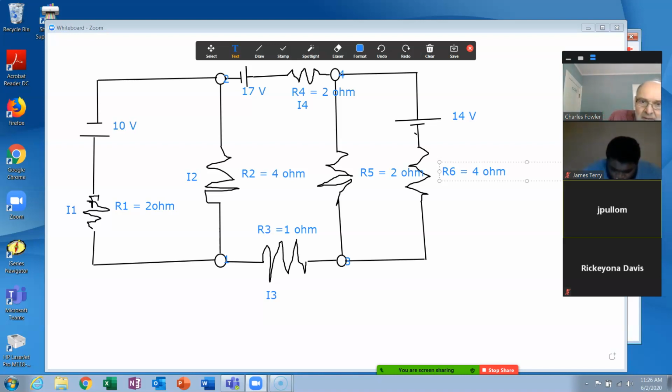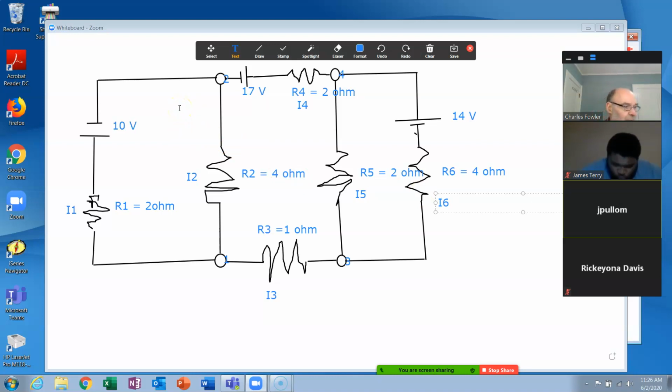Okay. Oh boy. This is I5 down here. And make this I6 here. Okay. Have I got everything in place? Not quite. Okay.